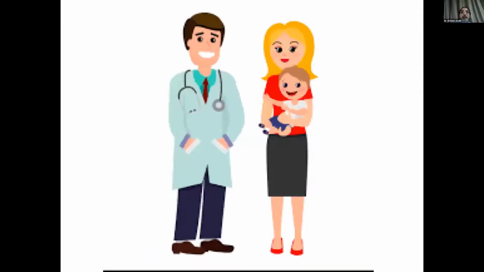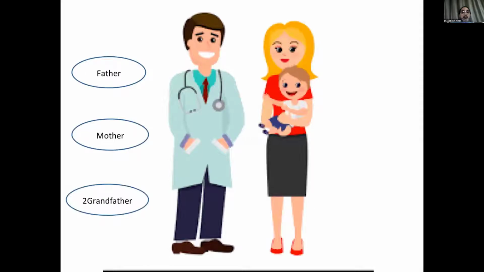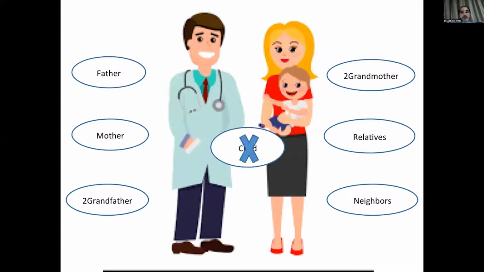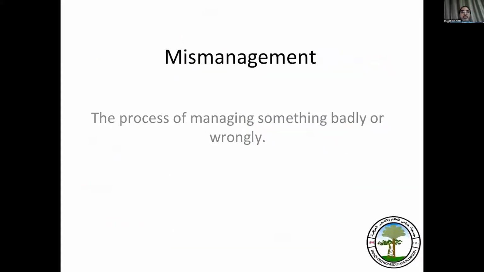Regarding the children, the father might have an opinion, and the mother. The problem is you have two grandfathers, two grandmothers, and then relatives sometimes come, and the neighbors come, and sometimes even the ambulance driver has an idea about the treatment, and the least to choose treatment is the child himself. This is a problem. So what is mismanagement? It's the process of managing something badly or wrongly.